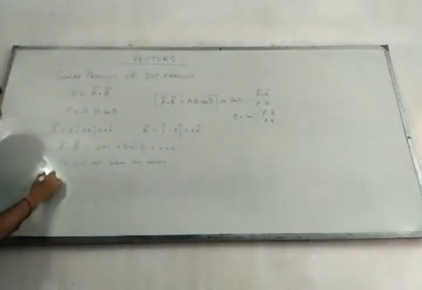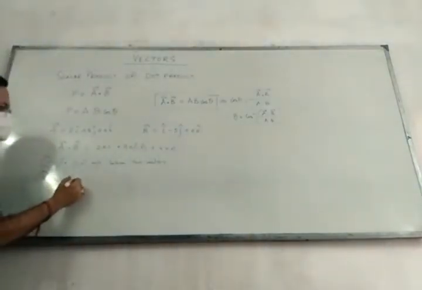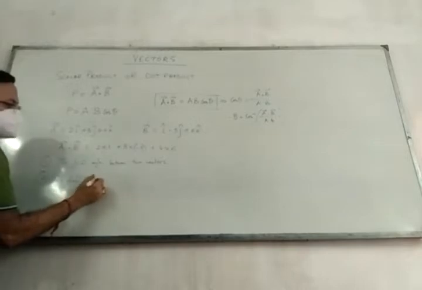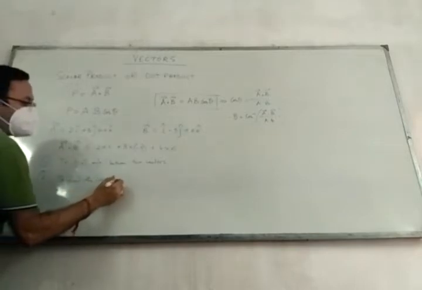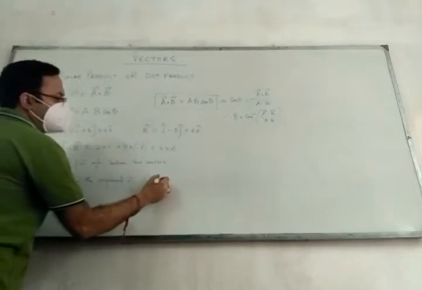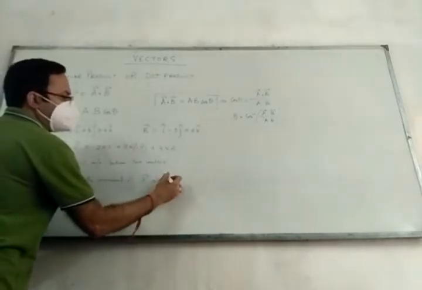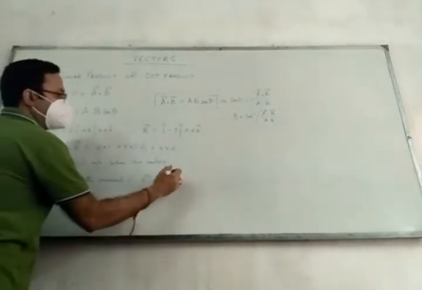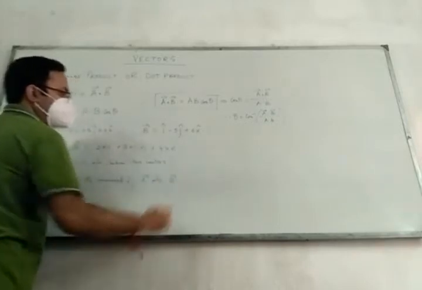Second, to find the component of vector A along vector B. Remember, when finding a component, we use cos theta.